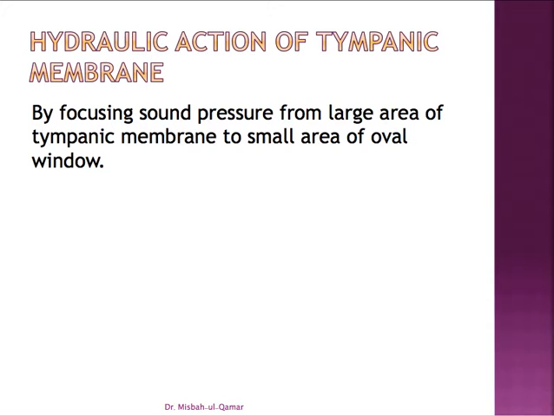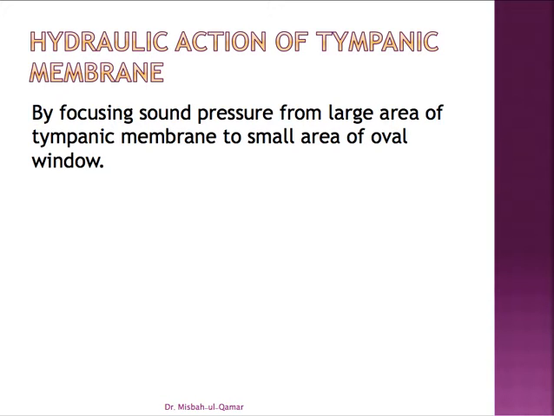First, the hydraulic action of the tympanic membrane. That is achieved by focusing the sound pressure from a larger area of the tympanic membrane to a smaller area of the oval window. You see, the area of the tympanic membrane is much larger than the area of the footplate of the stapes.